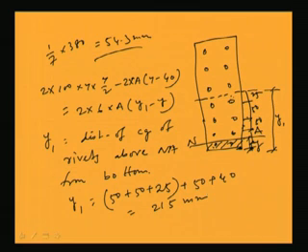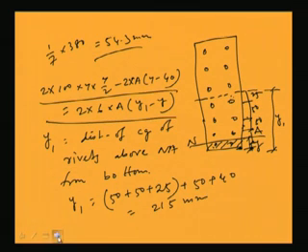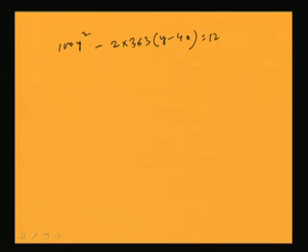So, the final equation to find y will become 100 y square minus 2 into area, means 363, that is pi by 4 into d square into y minus 40, is equal to 12 into 363 into y1, means 215 minus y.